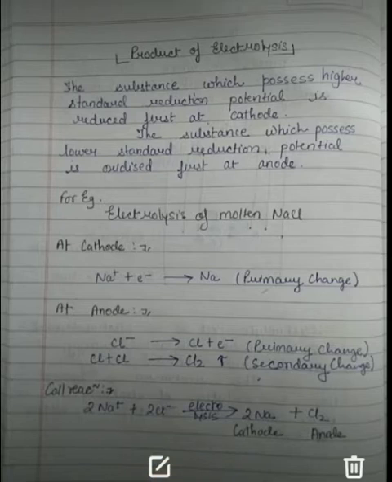This secondary change results in the formation of Cl2 molecules, that is, Cl2 gas at the anode. You can also write the overall cell reaction as 2Na+ plus 2Cl-, which by means of electrolysis will be converted into 2Na, the cathodic reaction, and Cl2, the anodic reaction.